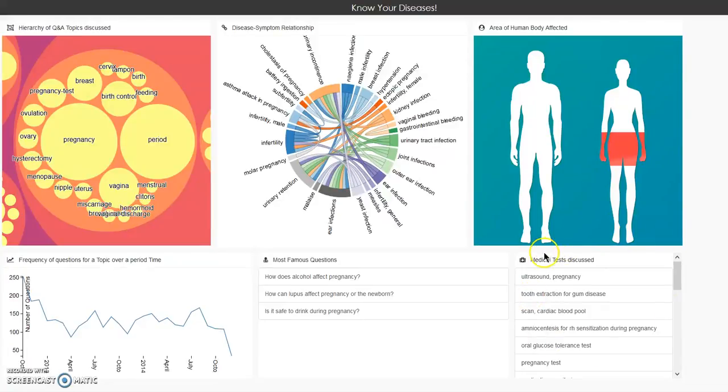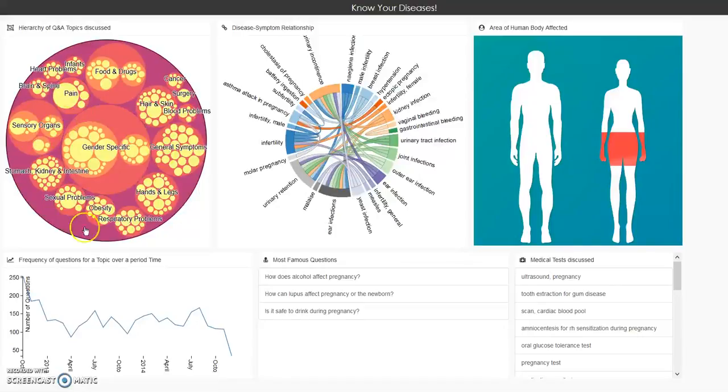These have been extracted in a similar manner using our intelligent algorithm that we developed to extract the disease and symptom names from the questions and answers, and the topic names and the way we clustered the topics using our algorithm. More details of how this is done are mentioned in our project report.